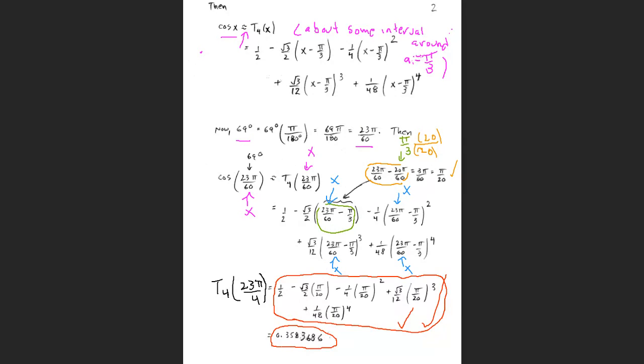Let me go back to this Taylor polynomial. Do we have an alternating series? I mean, sorry.